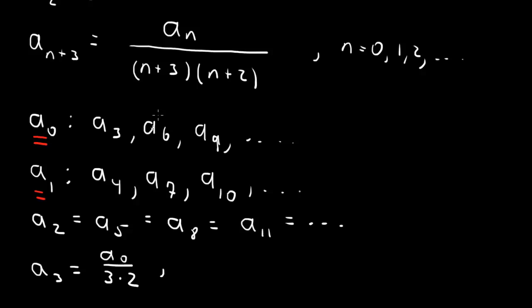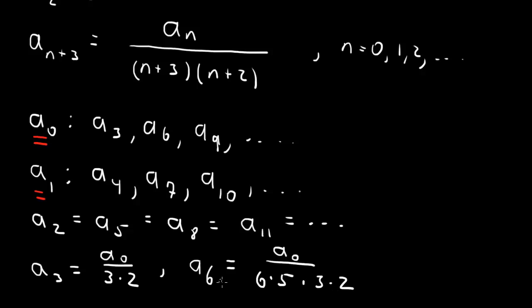Then we can get a6, put n equals 3 here, a3 over 6 times 5, and a3 is a0 over 3 times 2.